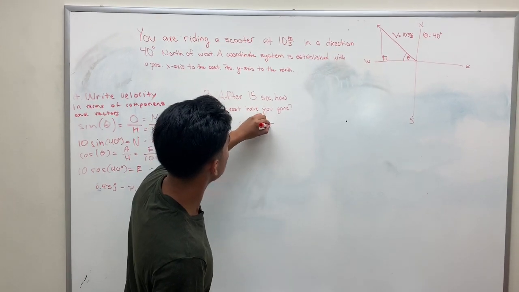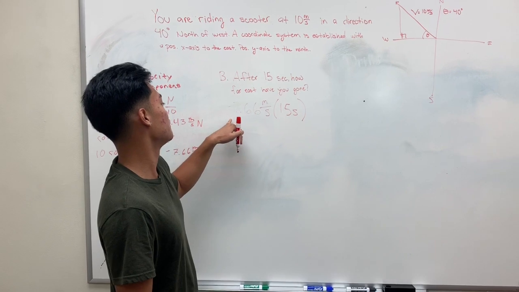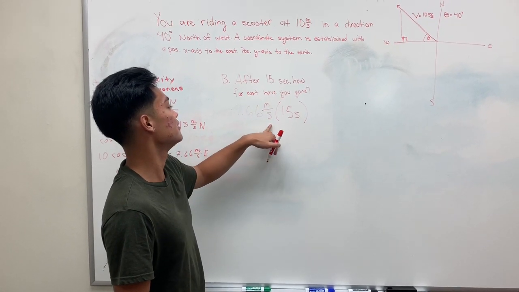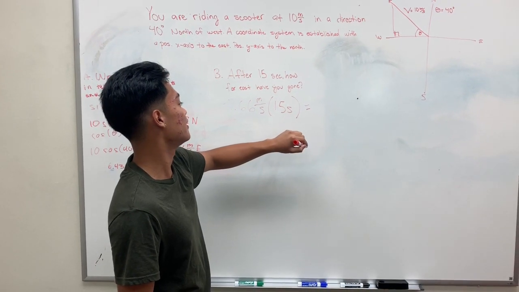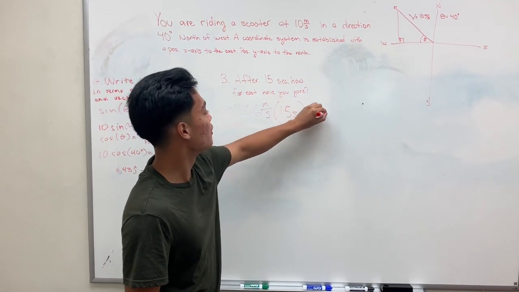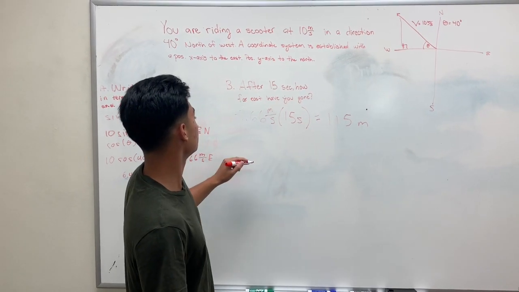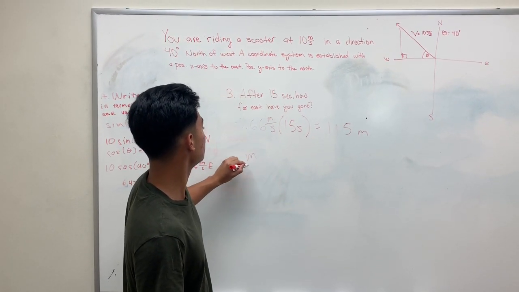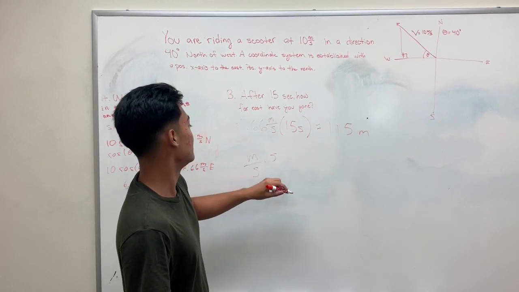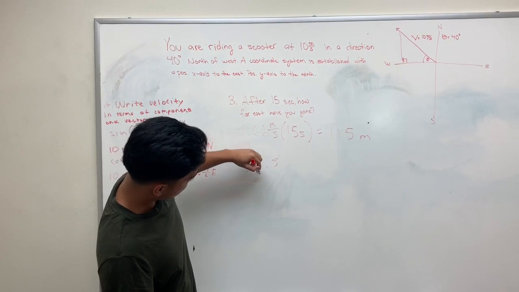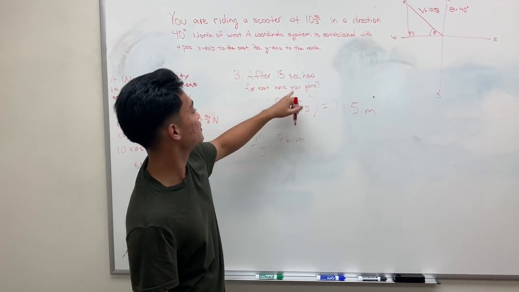We're doing this because if you're going 7.66 meters in 1 second and you multiply that by 15, you get 115 meters. For unit conversions, we have velocity, which is meters per second times seconds, and the seconds cancel out, and you end up with meters, which is asking how far east have you gone.